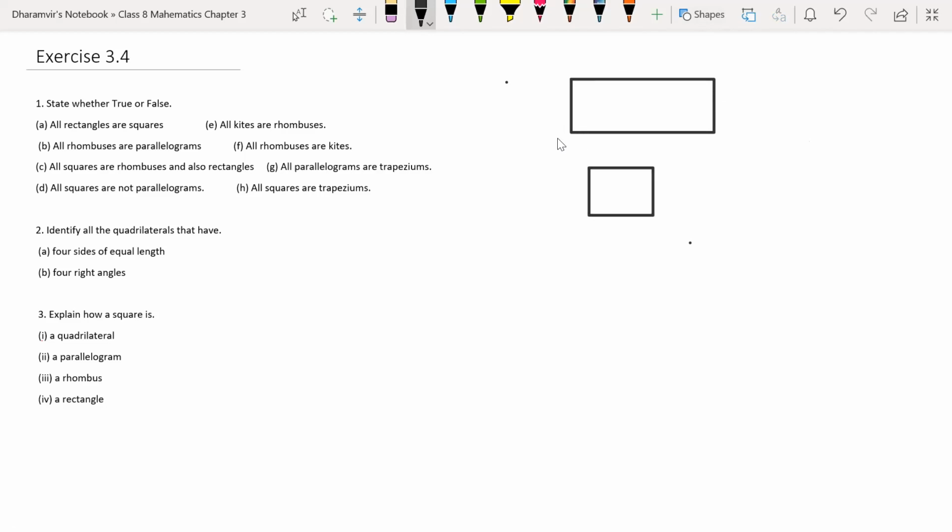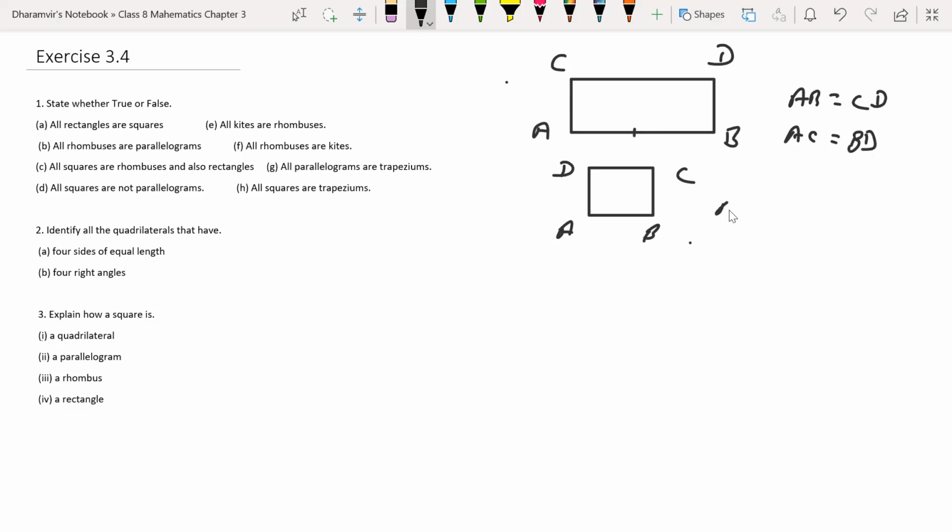In rectangle ABCD and square ABCD, in the rectangle AB is equal to CD and AC is equal to BD.